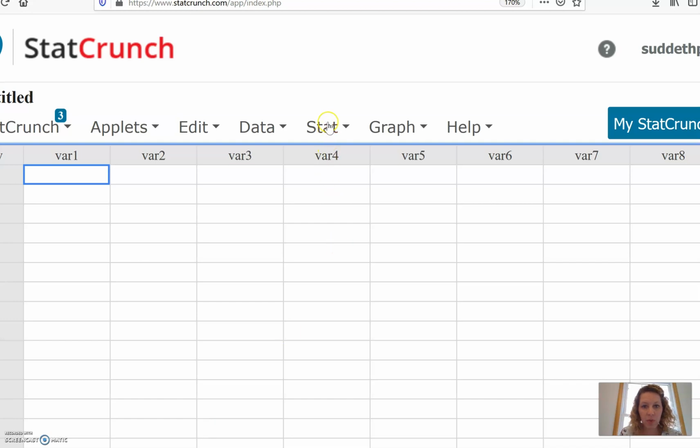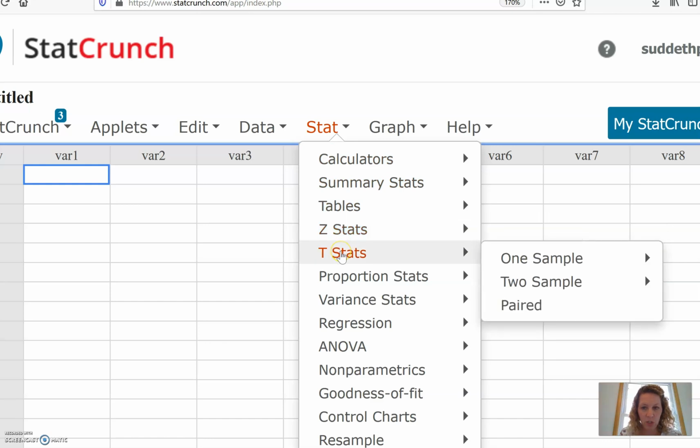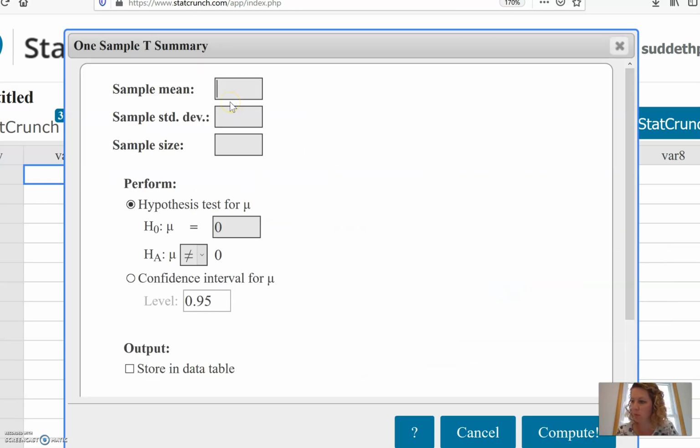On StatCrunch, we're going to go to Stat, and then since we're testing for a mean, we're going to use T stats, one sample, with summary. Our sample mean in this problem is 22.63. Our sample standard deviation is 2.98. Whoops, I always forget to use the different box. 2.98 is in the sample standard deviation box.